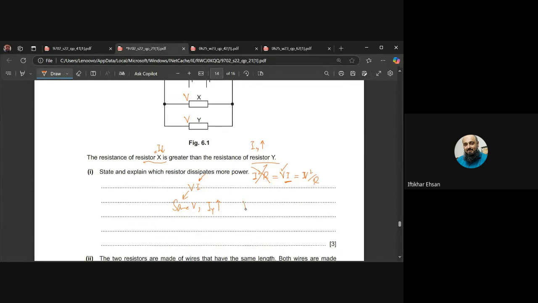So according to this formula, as it has larger current, VI will be greater. V will be same for both. So beta, the Y resistor dissipates more power, right?